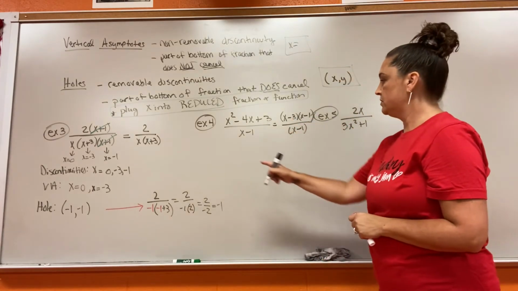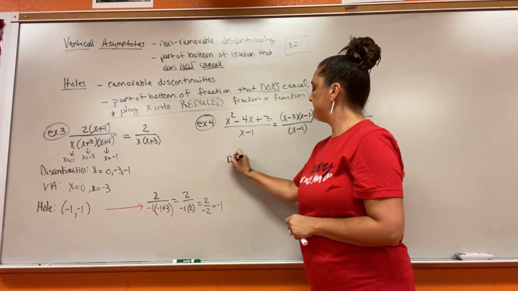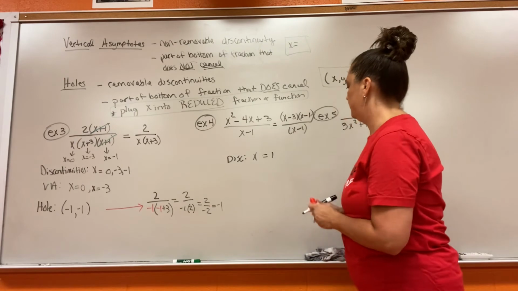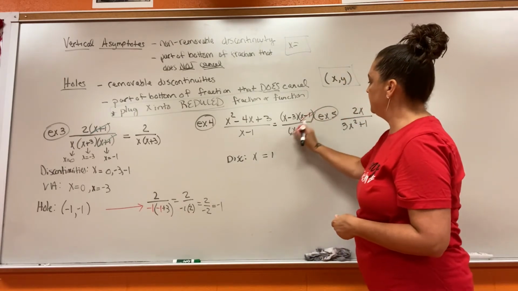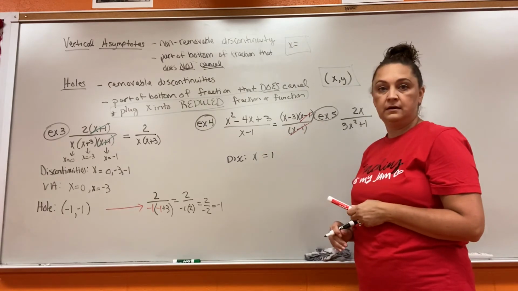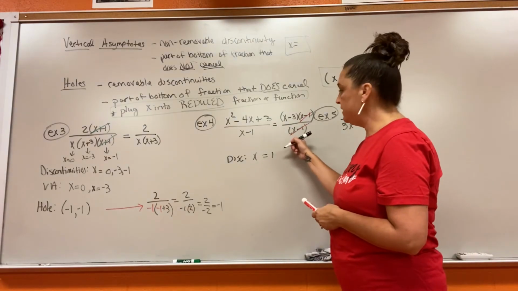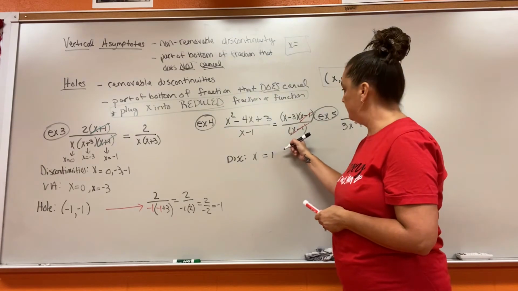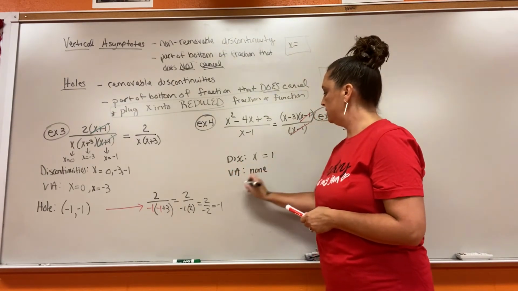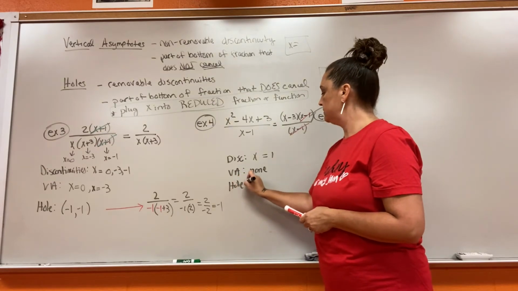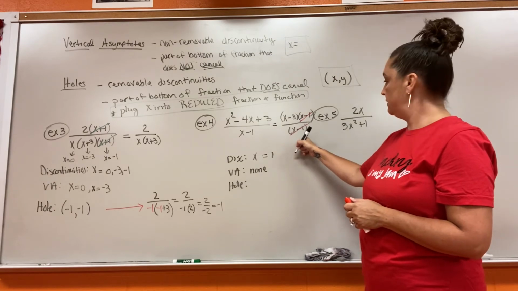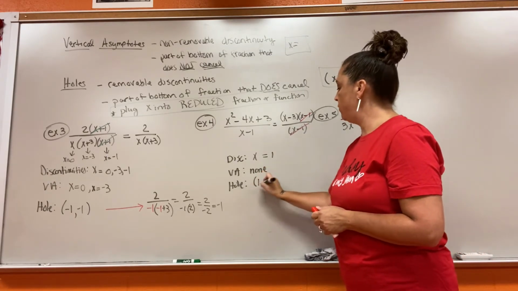There we go. So our discontinuity is at +1. What type of discontinuity is it? Well, that thing reduces, it goes away. So do I have any vertical asymptotes left on the bottom? No. So vertical asymptotes are none. Do I have any holes? Yeah, I got a hole right here at this removable discontinuity. It's a +1.